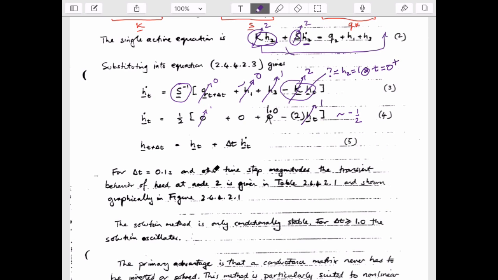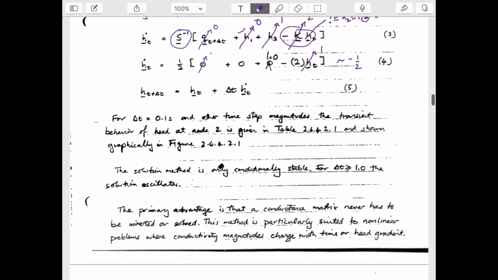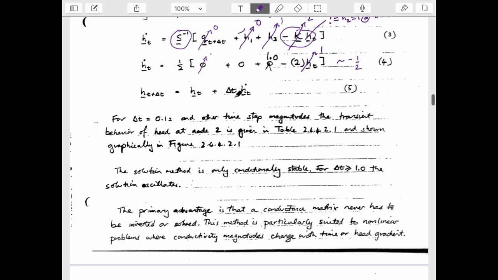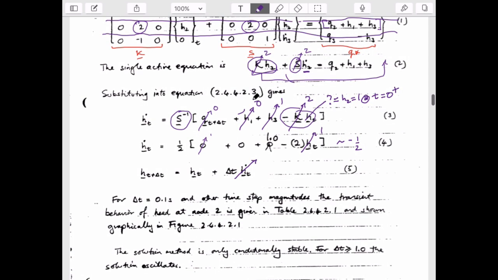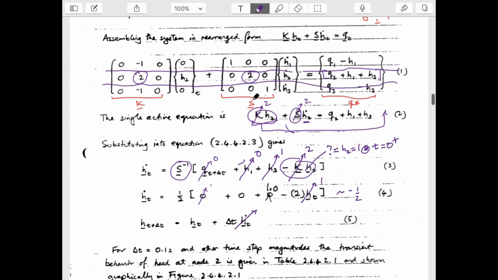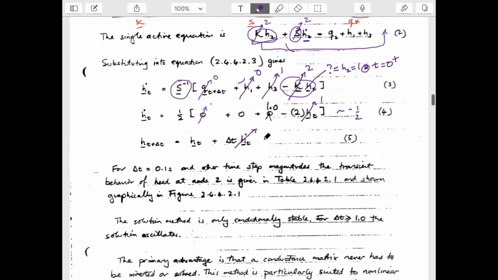And so hopefully that works out to be the right thing. Is that going to be right? So this here is going to be equal to, oh yeah, okay, minus a half, yes.